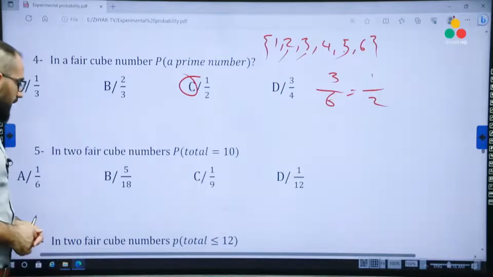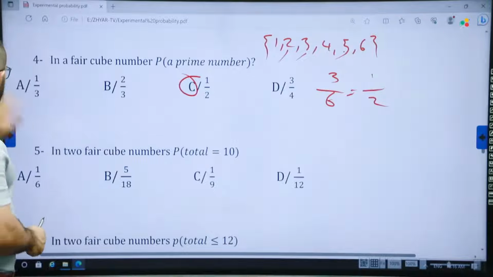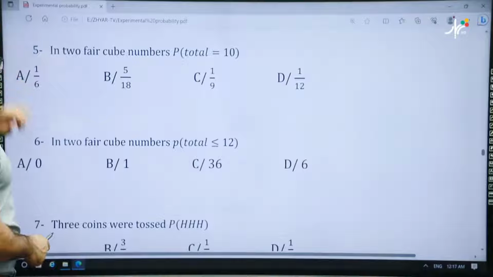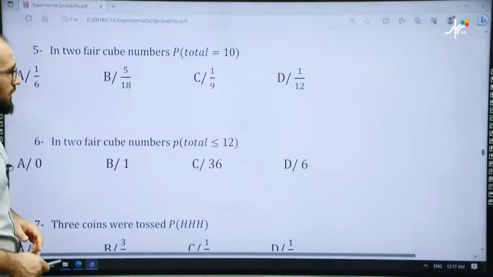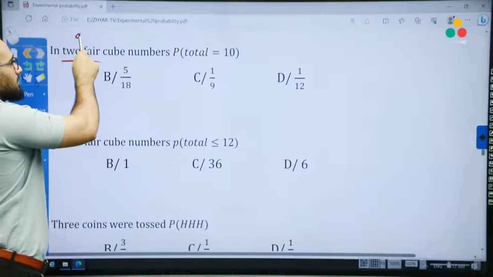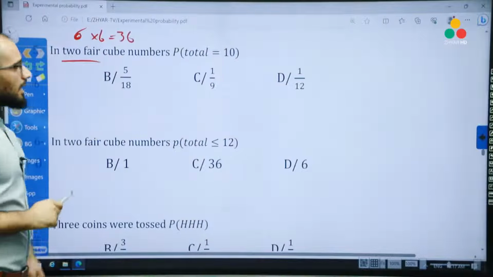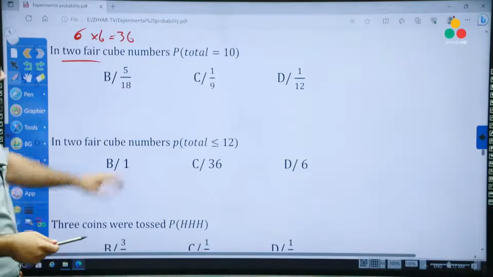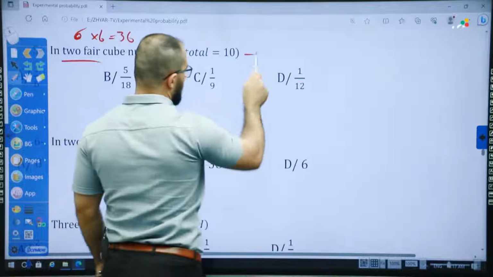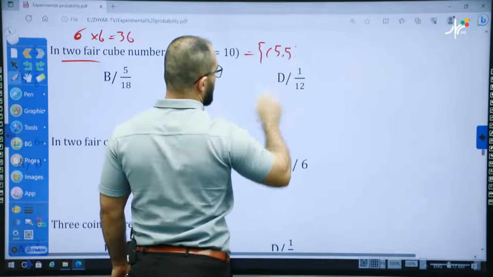Question 5. In 2 fair cube numbers, P total is equal to 10. You have 2 fair cubes, 2 dice, so we have 6 times 6, 36. Then, how many results do you have that, if you add them up, give you 10? I'm going to write the results. 5 plus 5.